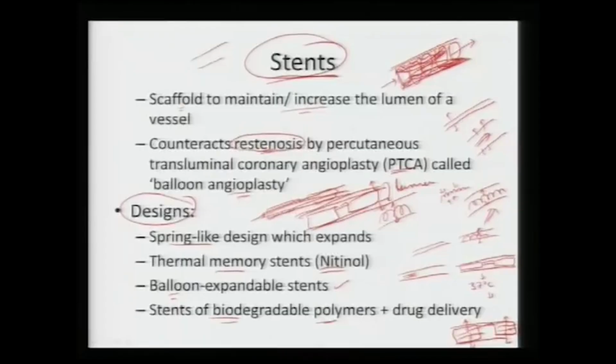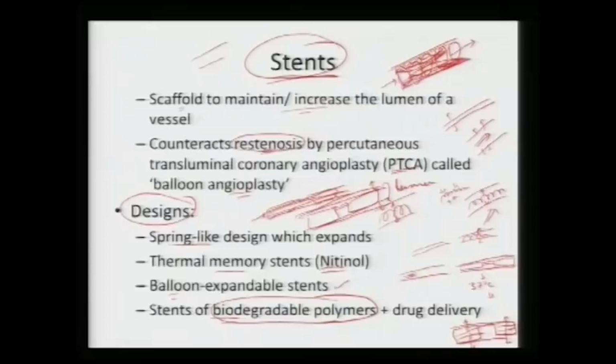The stent can also be a type of biodegradable polymer, in which case we have a degradable polymer which goes in and starts dissolving so that the original lumen can be restored, and with time that polymer dissolves and provides the space for the blood flow. And again, this biodegradable polymer can also carry certain drugs if required for the cardiovascular surgery.